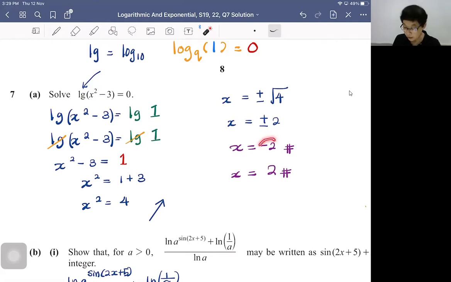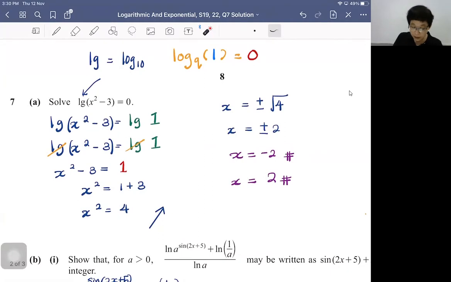Let's start with x equals negative 2. When you put in x equals negative 2, squaring it up, you get 4. 4 minus 3, you still get a positive 1. That works. Therefore, you conclude the acceptance of x equals negative 2. Now test x equals positive 2.